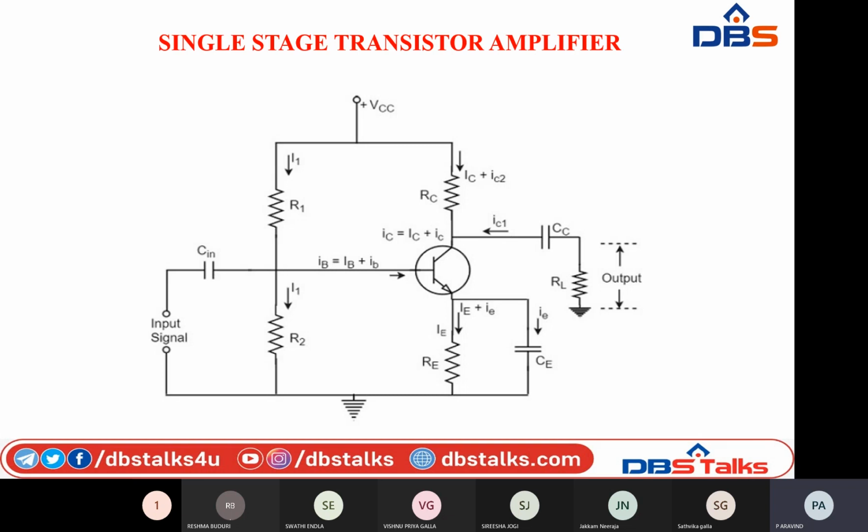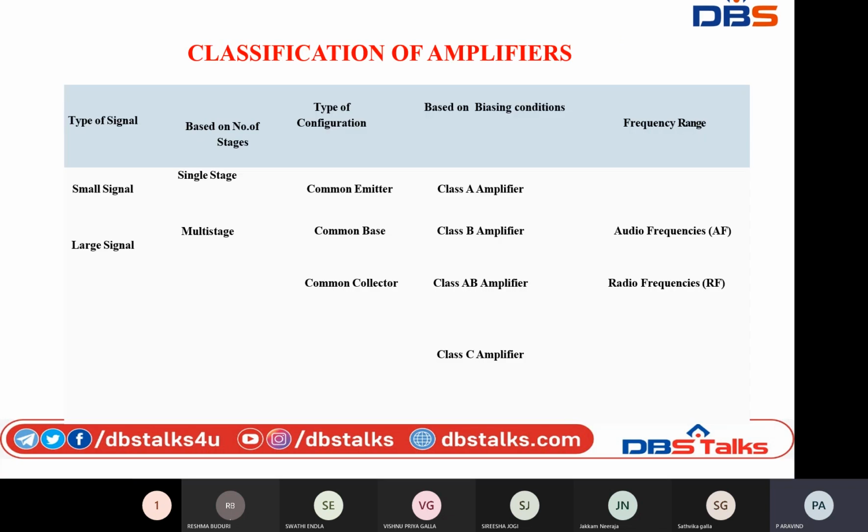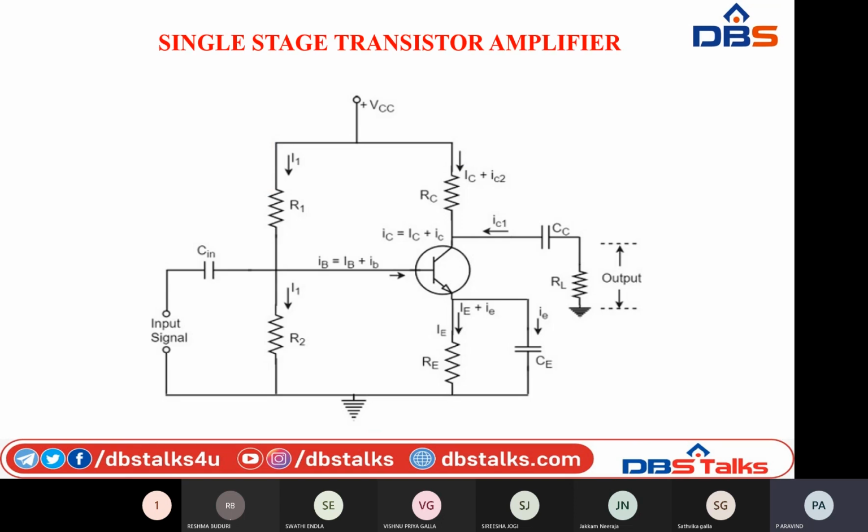Here the input capacitor, that is Cin, couples the input signal to the base of the transistor, as well as allows the AC signal and also isolates the signal source from R2.